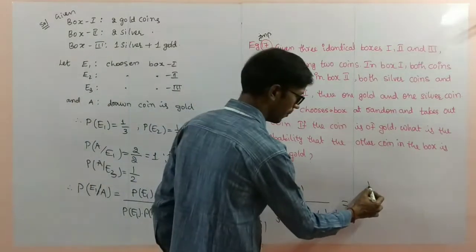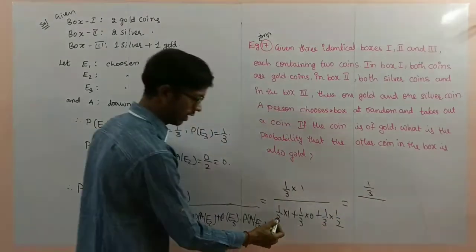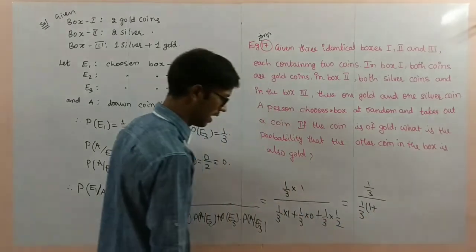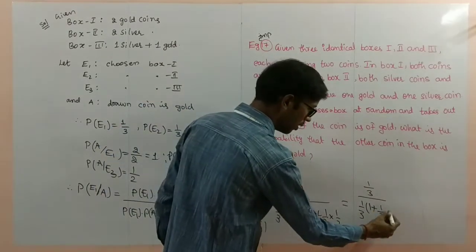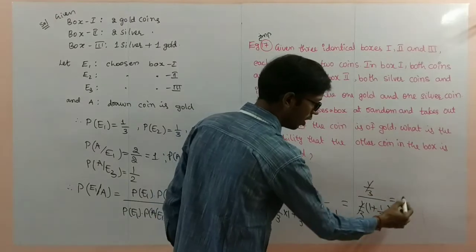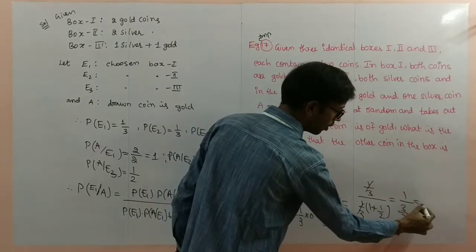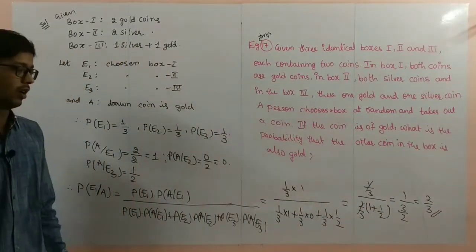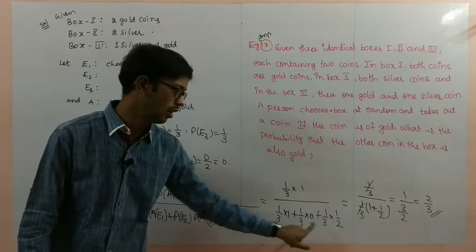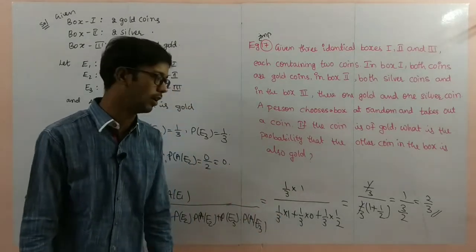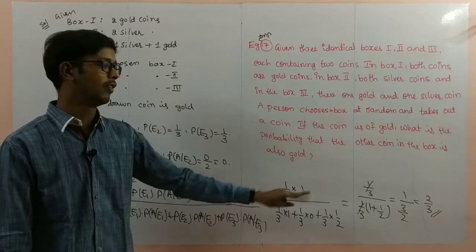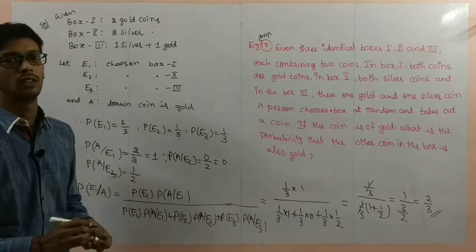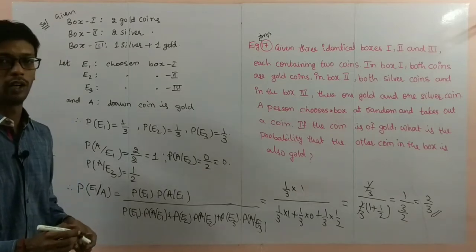Taking 1 by 3 common, we get 1 plus 1 by 2. The 1 by 3 cancels, giving 2 by 3. The 0 term vanishes, and this becomes 1 by 2. 1 plus 1 by 2 is 3 by 2, and the reverse of that is 2 by 3. So the required probability is 2 by 3. So pause the video to note it down.